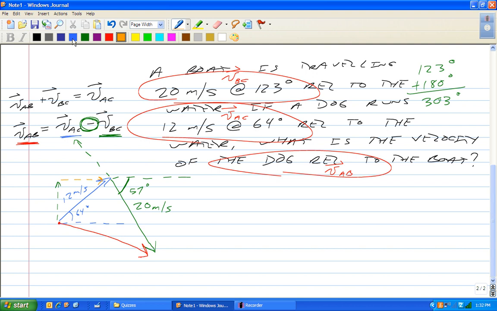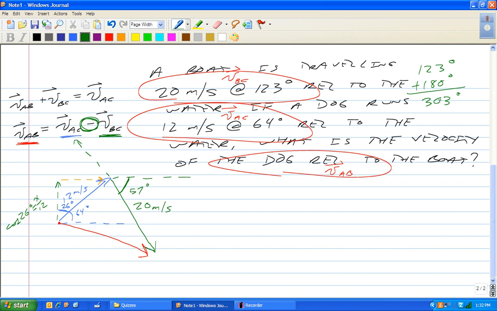Well, this right here is 26 degrees. And so this green line, I can use, finding which trig function? Good. Cosine of 26 degrees is equal to whatever that side is divided by 12.